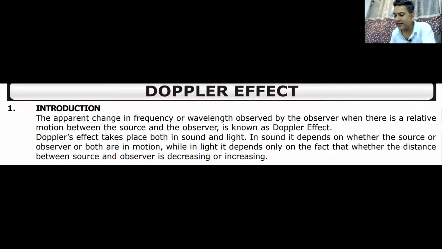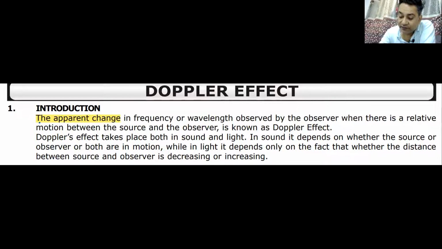This apparent change, actually the vehicle is still pressing the horn. He has not changed his frequency, but the frequency that I as an observer hear changes. This phenomenon is known as Doppler's effect. The apparent change in frequency is not a real change because the frequency has not changed.